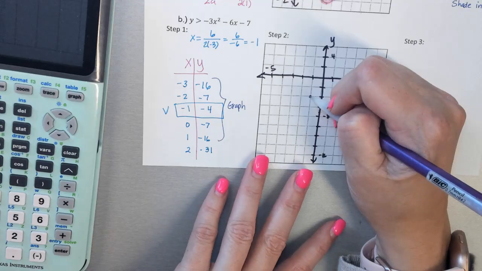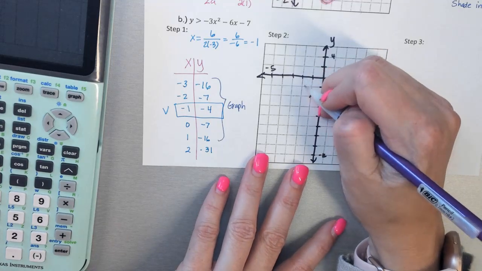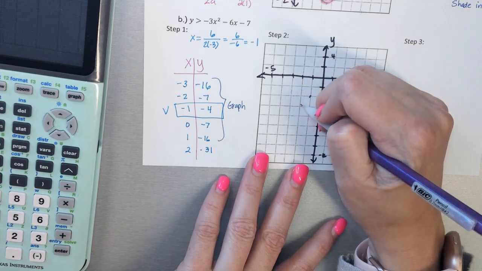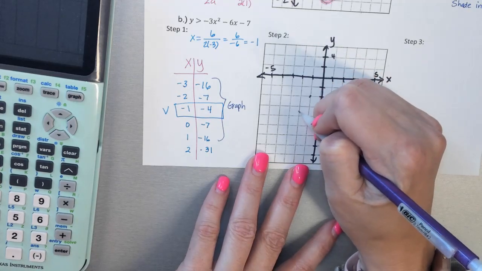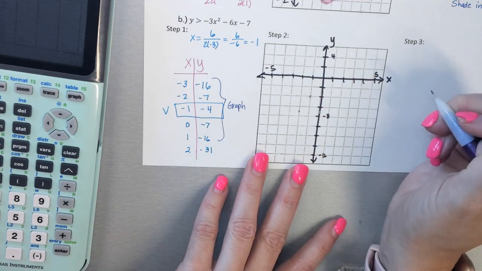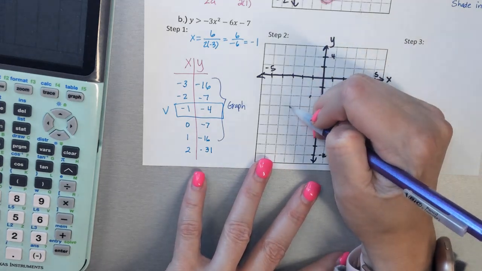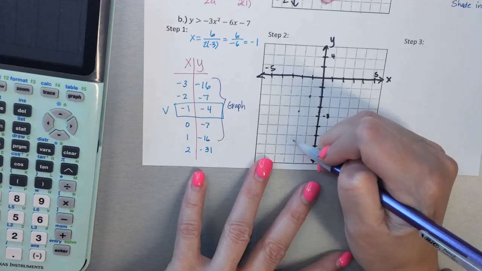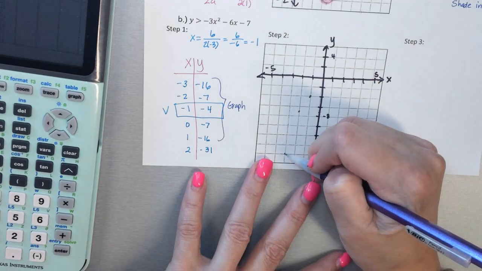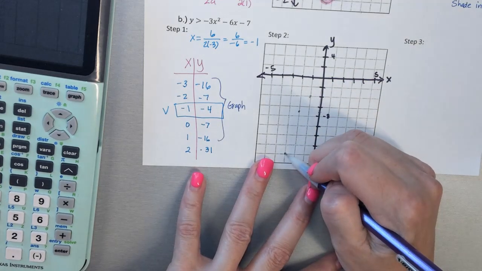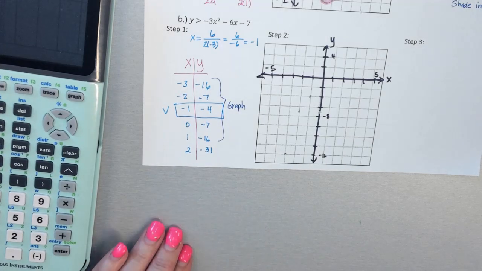Okay, and then negative 2, 2, 4, 6. There we go. And then at 3, 2, 4, 6, 8, 10. Well, really, I just labeled it. Okay, so those should be symmetric there.